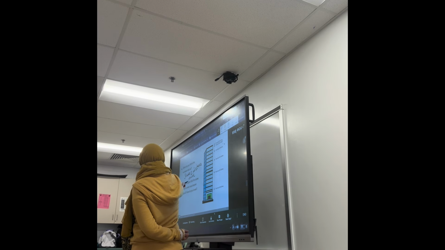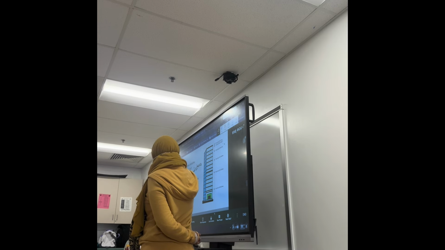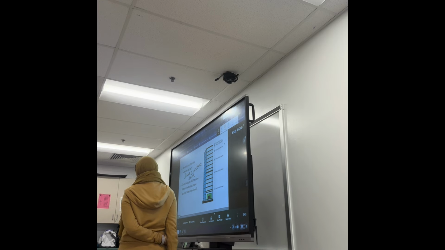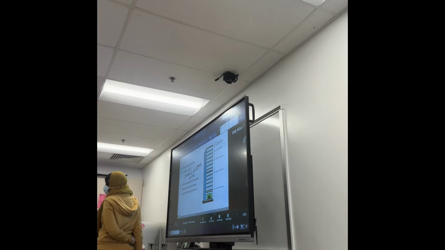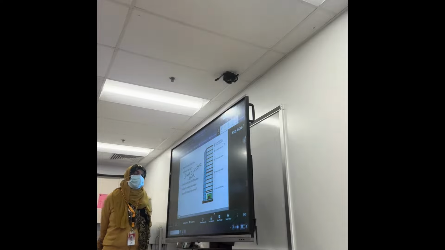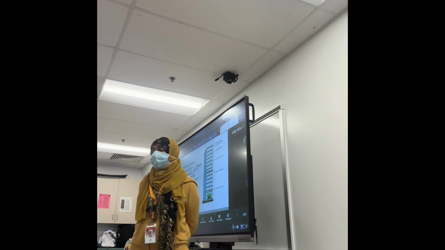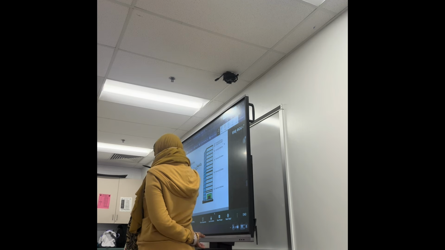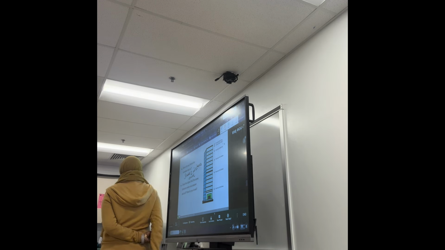So does the object fall the same distance every successive second, or how do you know? Is it the same? Due to the velocity changing, it would be different every second. Velocity changes? Yeah. So everybody answer it.